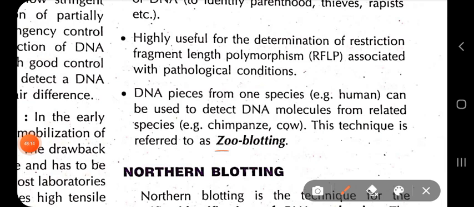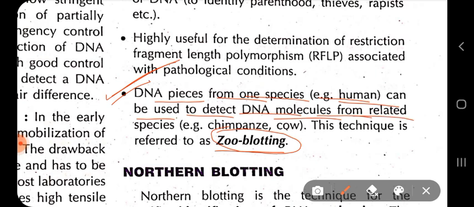Then another technique called zoo blotting can also be done, where DNA pieces from one species can be used to detect the DNA molecule from a related species. We want to understand the phylogenetic relationships, the related species, for evolutionary analysis. We can use DNA pieces from one species to detect the related DNA molecules from other species, like for example chimpanzee, cow, banana, or mice.